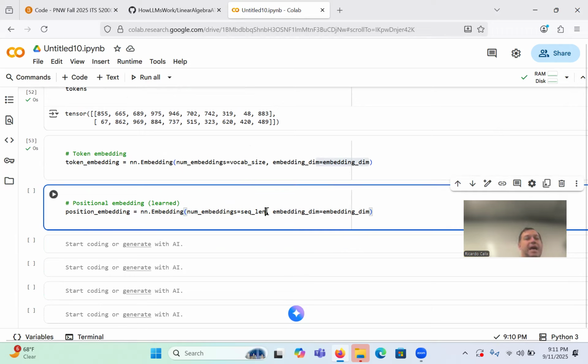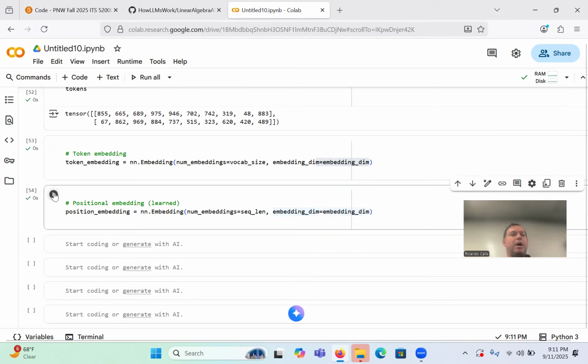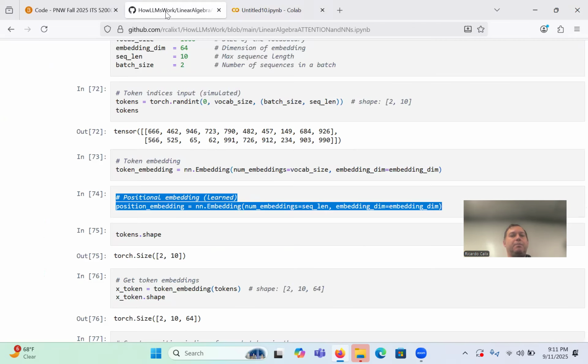Number of embeddings is now not vocab size, but sequence length, 10. Or if I was in the paper, 40. And embedding size the same as here, 64. Because as you said, it's just a convenience that they need to add up together. All right, so I do this now. There we are. Both of them are done.